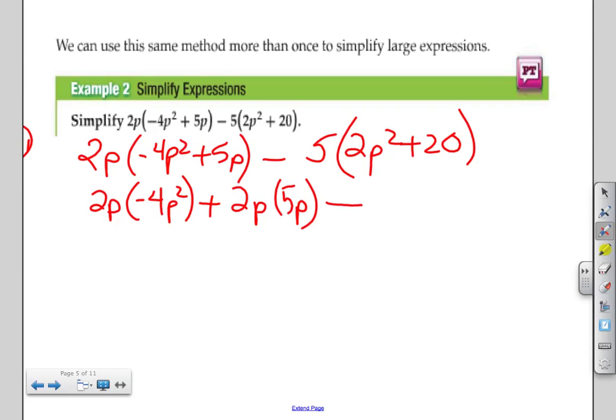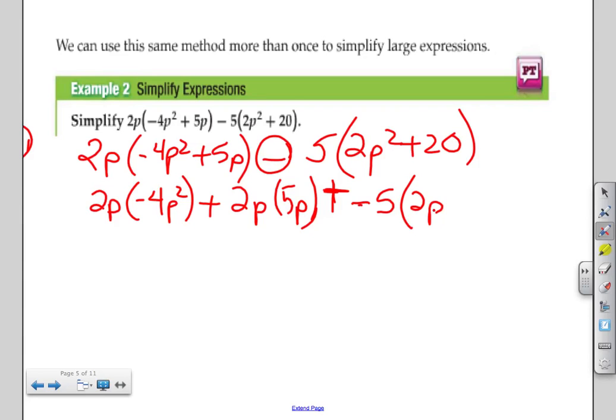Now we have to multiply 5 times 2p, and we have to multiply, I'm going to think of this as a negative. Everybody comfortable with this idea? Everybody knows that we can change that to plus a negative 5, right? Everybody understands that. So let's go ahead and do that. Let's go ahead and add these two together right now.